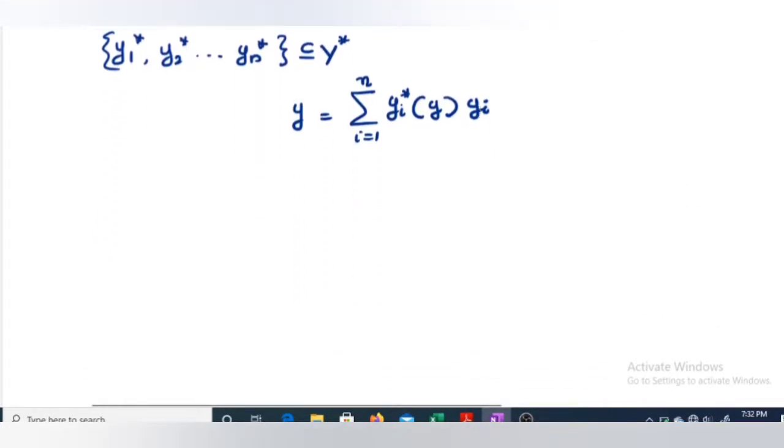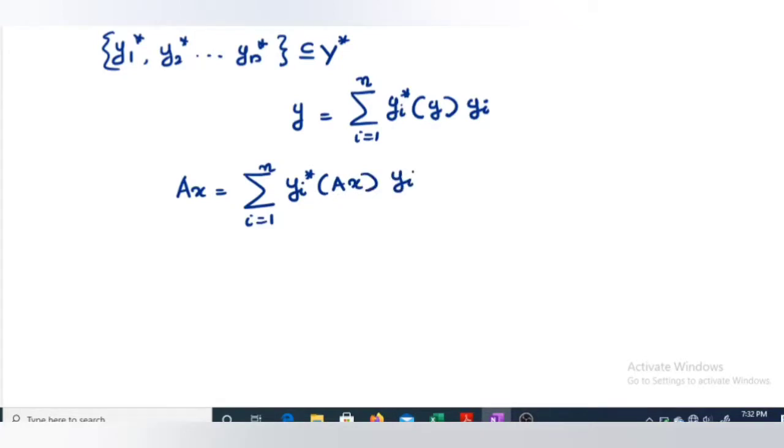So in particular you can write Ax as, what is Ax? Ax equal to sigma i equal to 1 to n of yi star of Ax into yi. And what is this one? This is equal to sigma i equal to 1 to n. We have phi of Ax is the same as A star of phi of x.